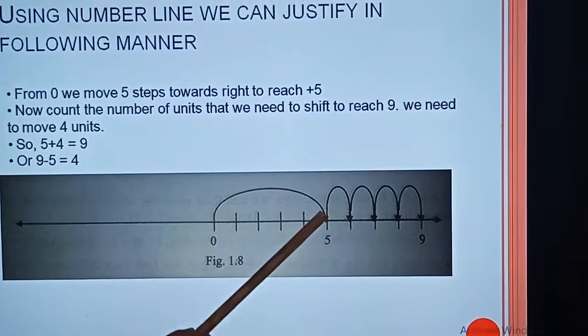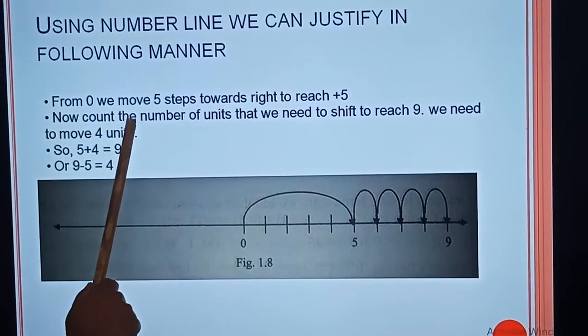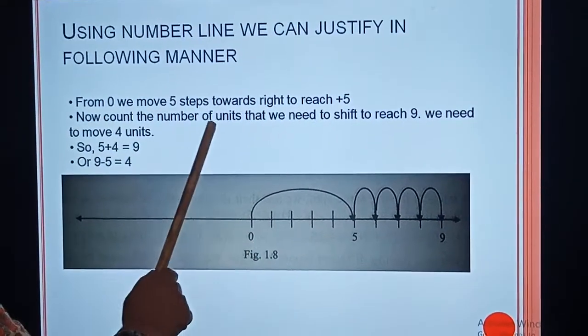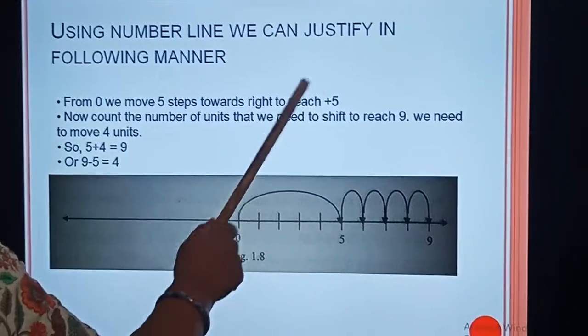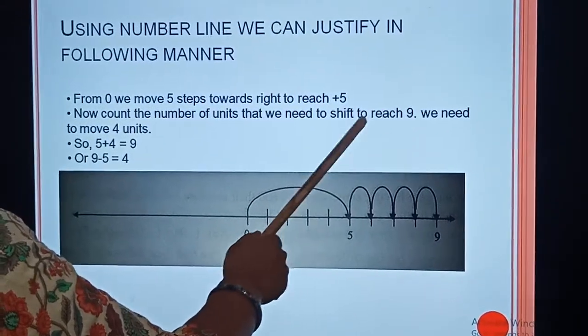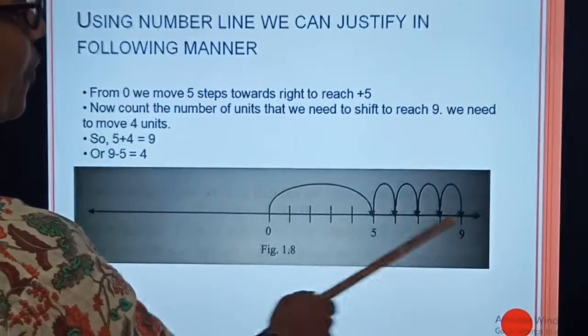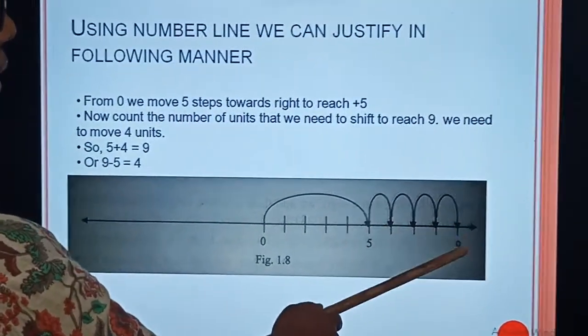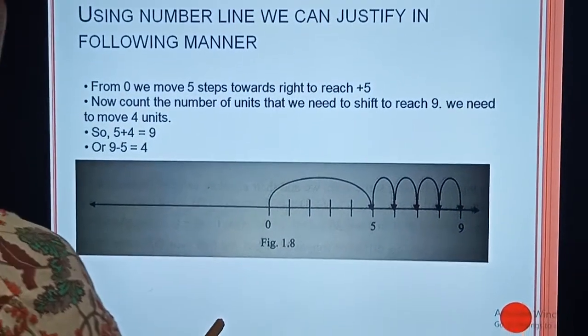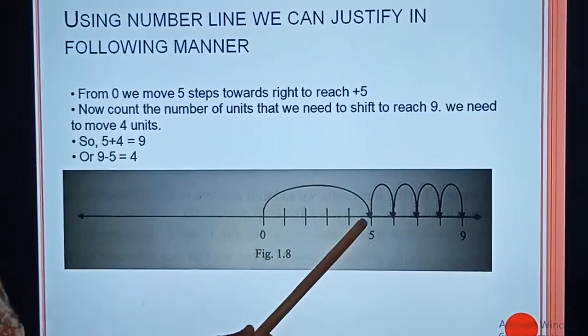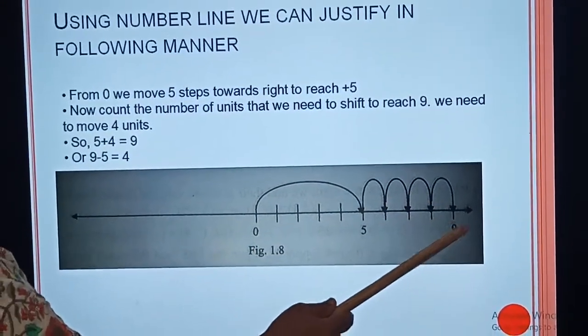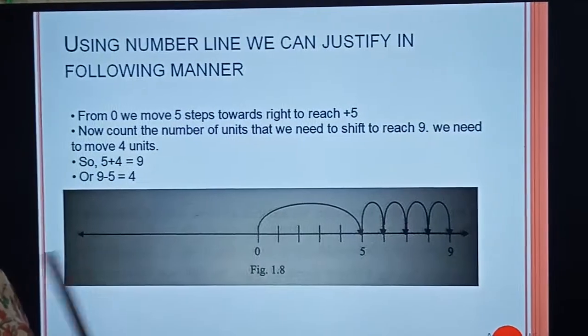Now count the number of units we need to shift to reach 9: 1, 2, 3, then 4 units we have to move and then we reach 9. This is nothing but 5 plus 4 is 9.